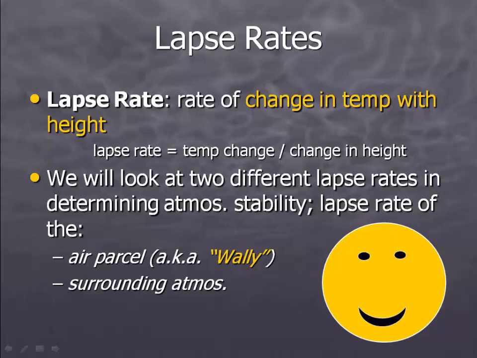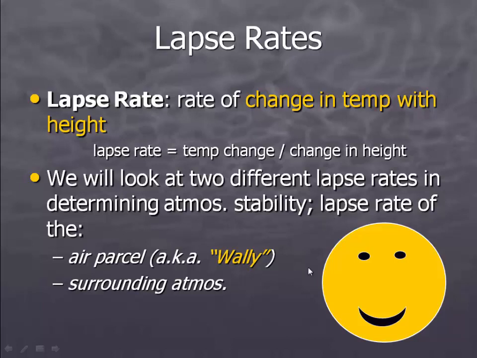In class, I have a little yellow ball. His name is Wally, just like the Walmart character. We lift Wally up and down in the atmosphere to see how his characteristics change, and we compare the temperature of Wally inside the theoretical box to the outside ambient air temperature to see if Wally will want to rise or sink.